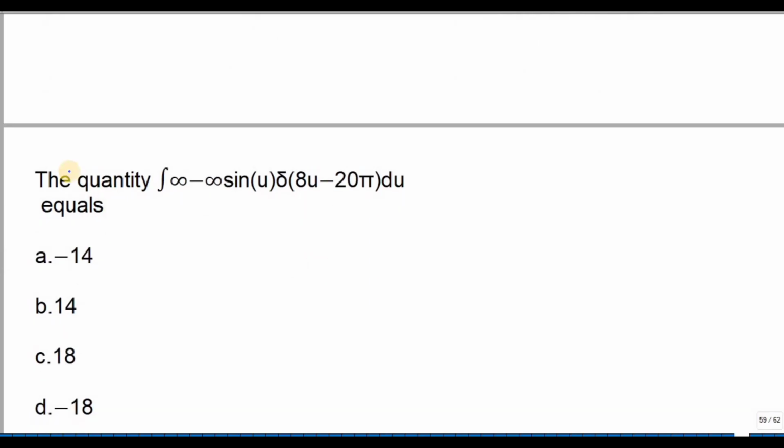The next problem is the integral from minus infinity to infinity of sine u delta of 8u minus 20 pi. Here I need to take the 8 common.